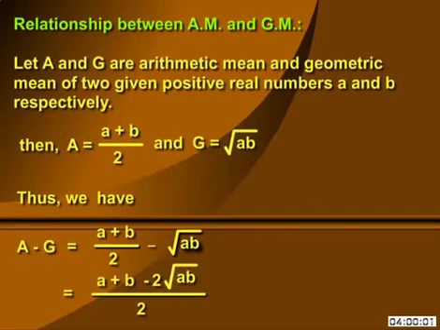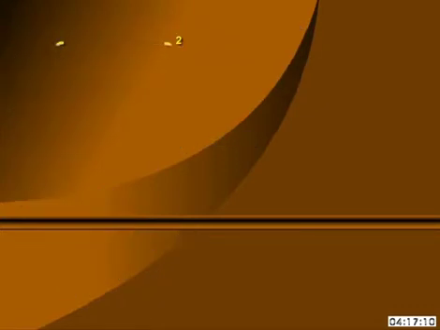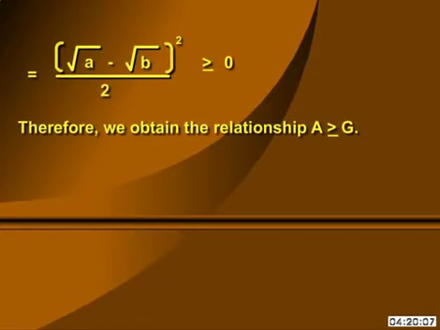Thus, we have A minus G is equal to a plus b upon 2 minus square root of ab, which is equal to a plus b minus 2 into square root of ab whole divided by 2, which is equal to square root of a minus square root of b whole square upon 2, which is greater than or equal to 0. Thus, A minus G is greater than or equal to 0. So, we obtain a relationship A is greater than or equal to G.